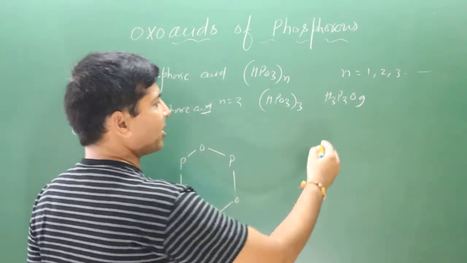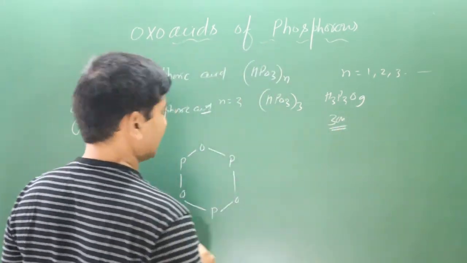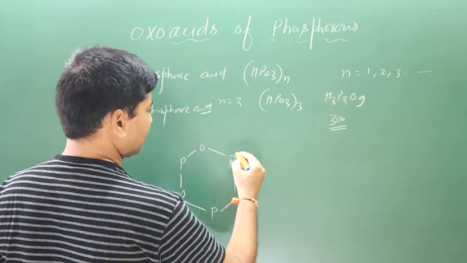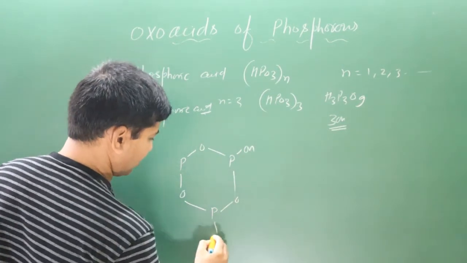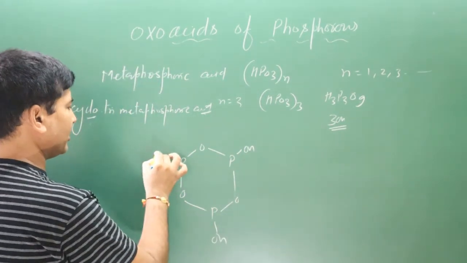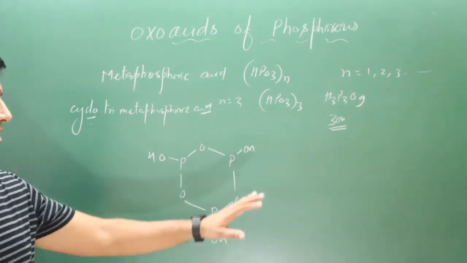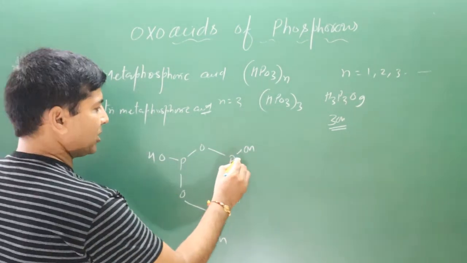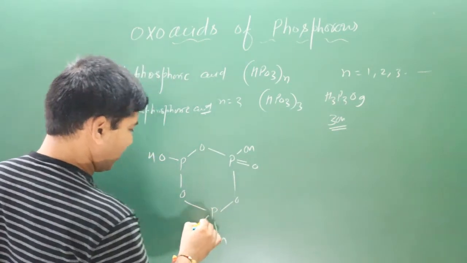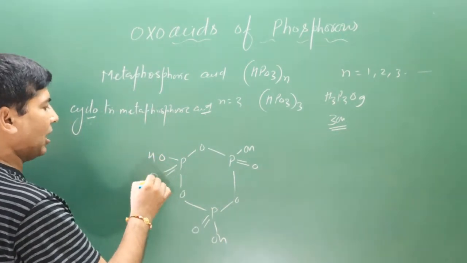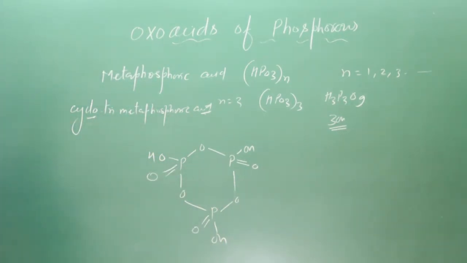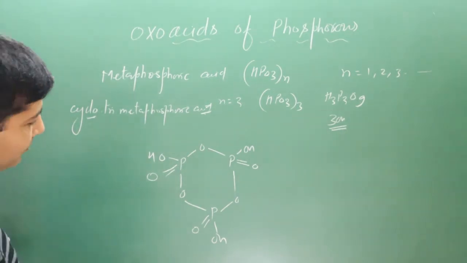How many OH are possible? 3 OH are present, so we attach 1 OH to each phosphorus. Phosphorus is the central element. How many oxygens have we used? 3 plus 3 is equal to 6. Still 3 oxygens are there. To satisfy the valency of phosphorus, we attach an oxygen to each phosphorus.